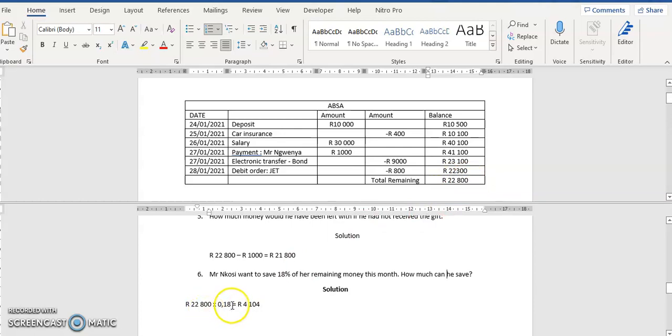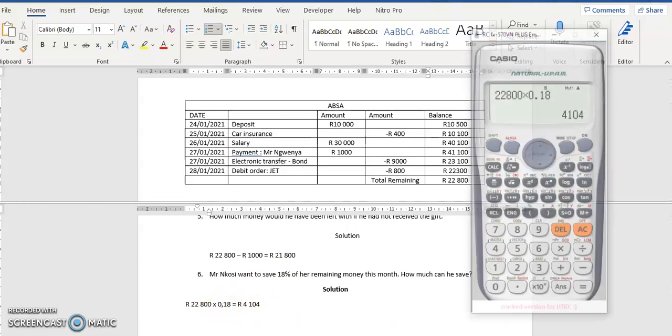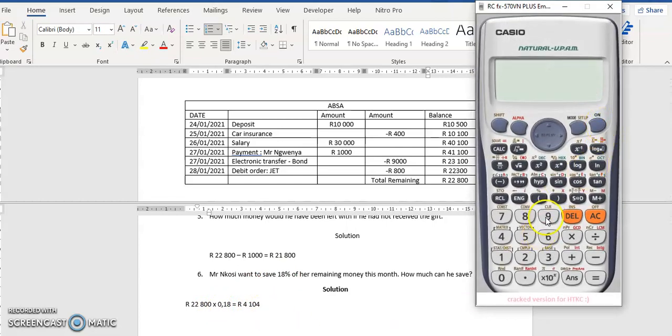Multiply by 18%. 18% is the same as 0,18. Let's press 18% on our calculator. 18% is 18 divided by 100. It gives us this, which is the same as 0,18. So if I multiply 22,800 by 0,18, I'm going to get this money.